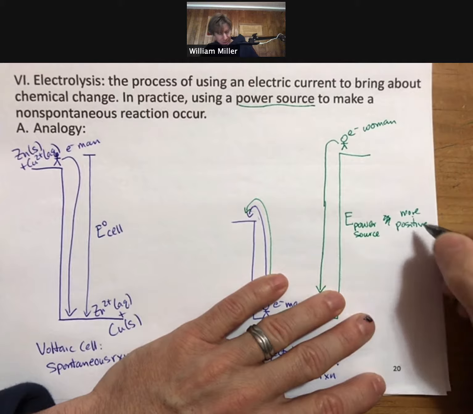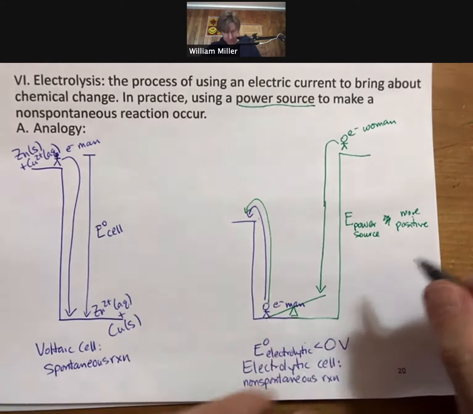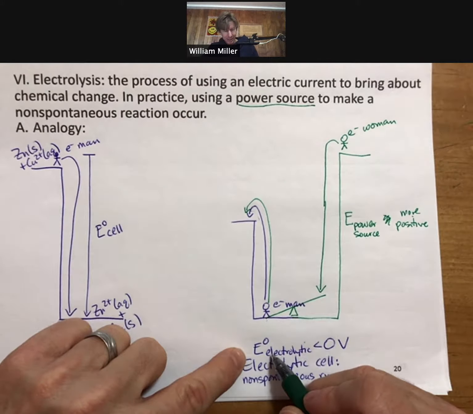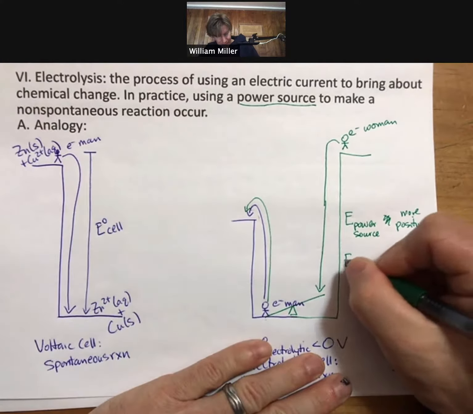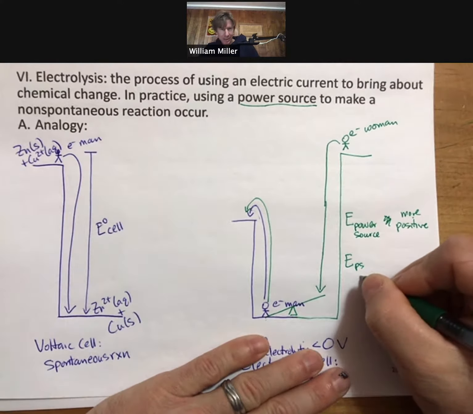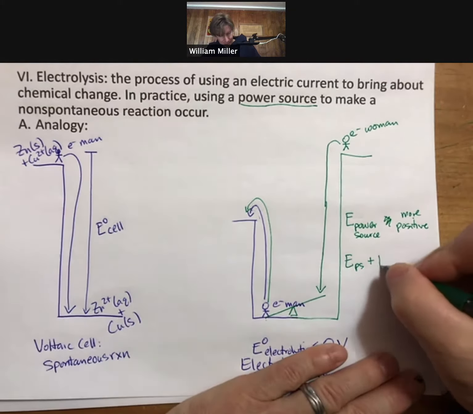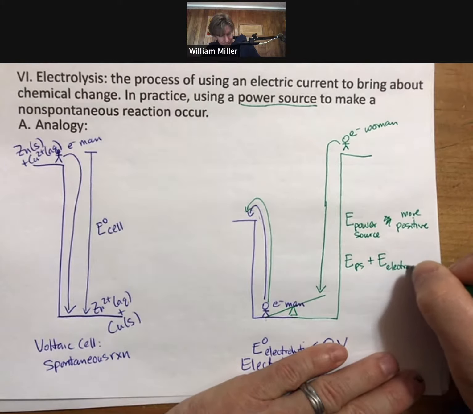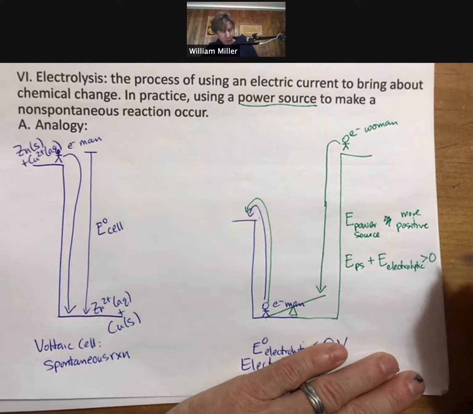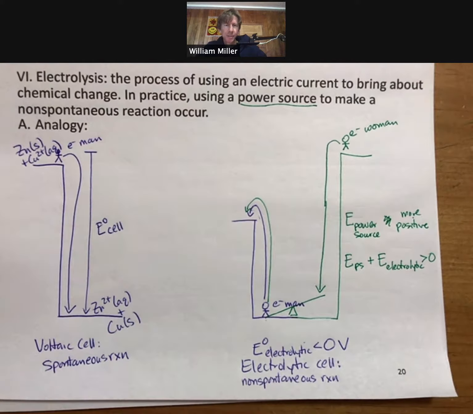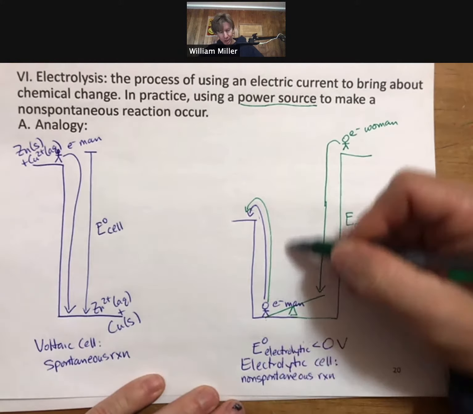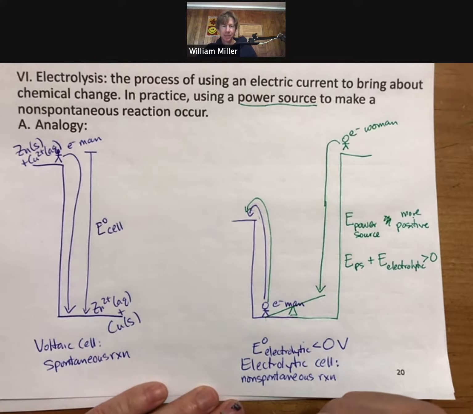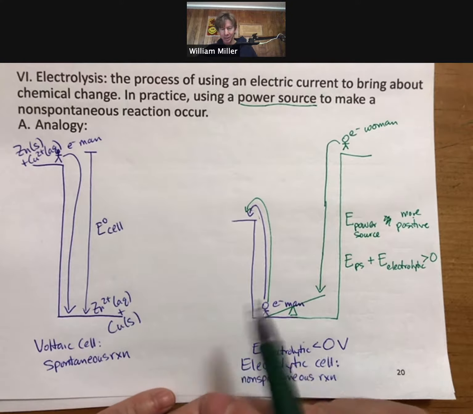It has to be more positive than the electrolytic cell is negative, so that E sub PS, the power source, plus E electrolytic is overall greater than 0. So we really are coupling a power source to drive a reaction to occur that is otherwise non-spontaneous. That's what electrolysis is.